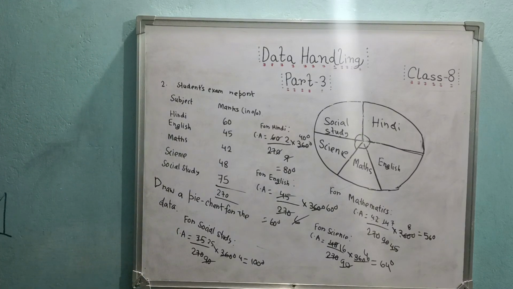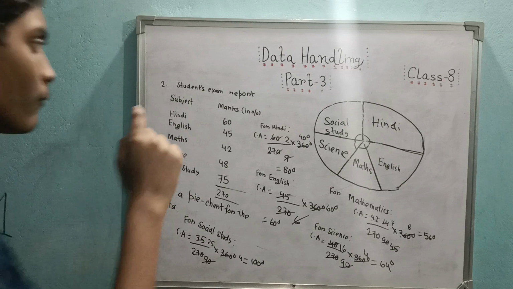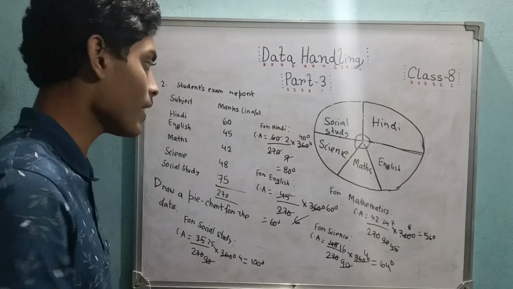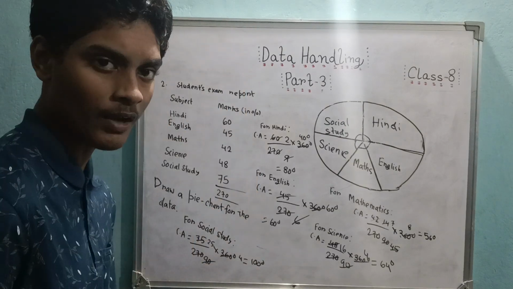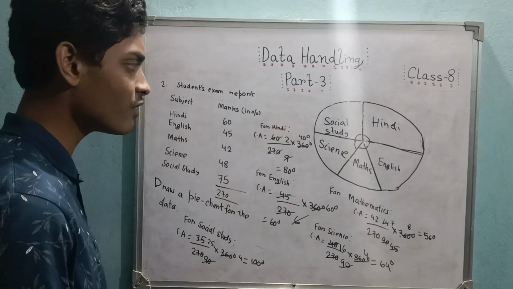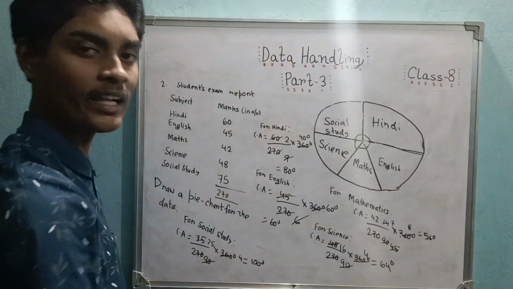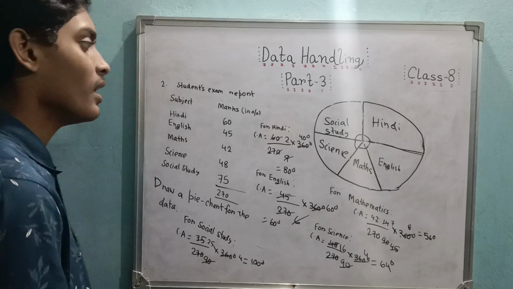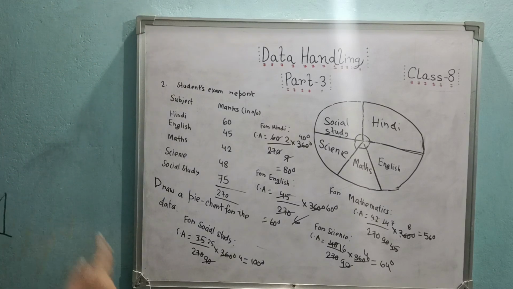The formula is the respective frequency of the data value divided by the total frequency of all the data values multiplied by 360 degree, because the total angle in a circle is 360 degree. Like this you get all the central angles.